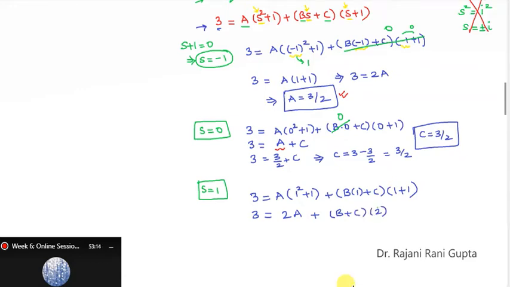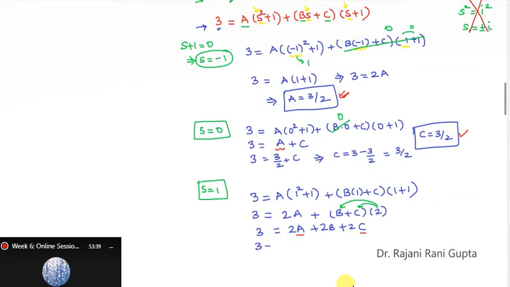Now this 2 gets multiplied inside with both b and c. So this gives you 2 times a plus 2 times b plus 2 times c, which is 3. Now the values of a and c are available here, 3 by 2, 3 over 2. Substitute.